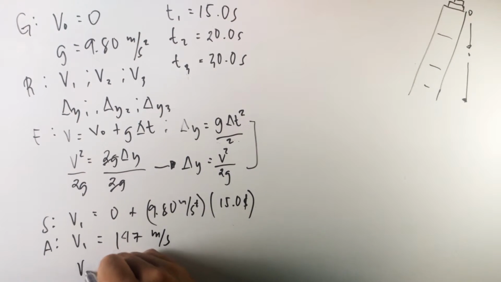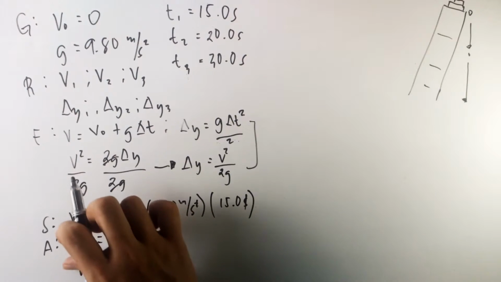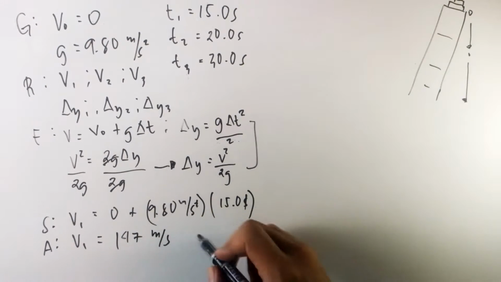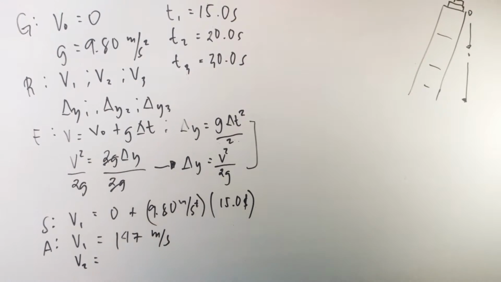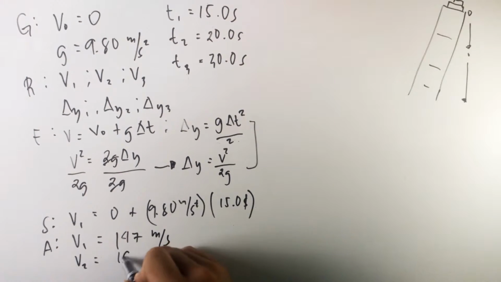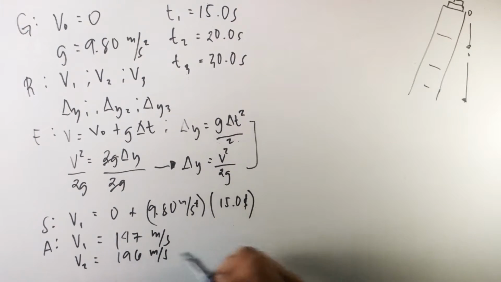If you're going to do it, always show your complete solution. But I'm going to write the values of v2 and v3 so you can check your answers as well. For 20 seconds, the answer is 196 meters per second.